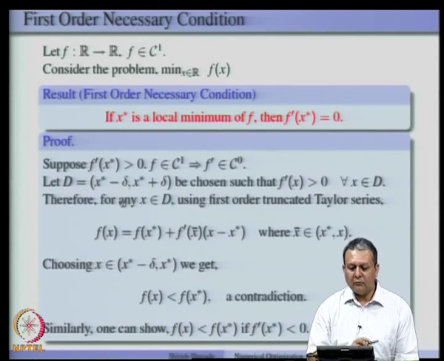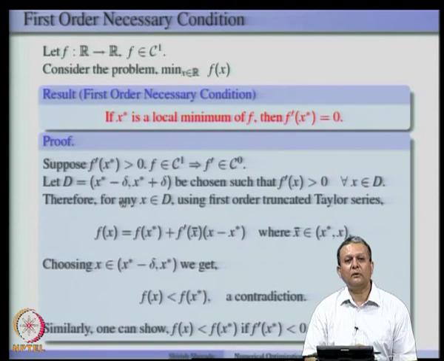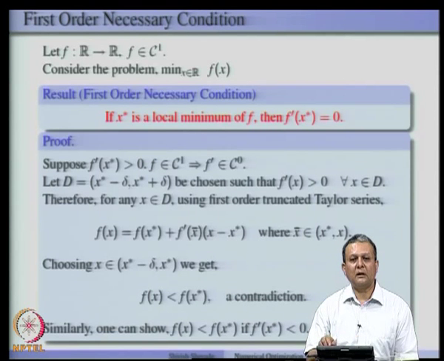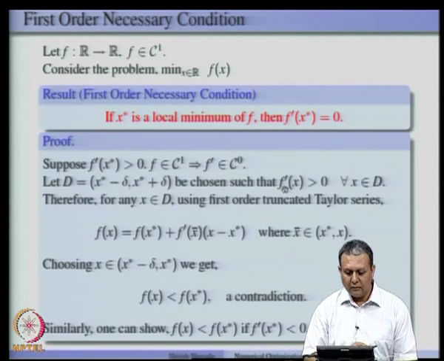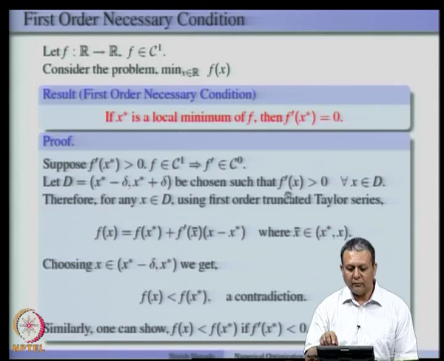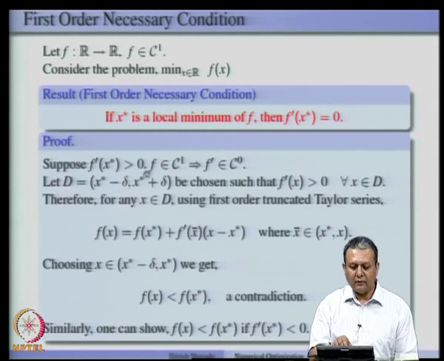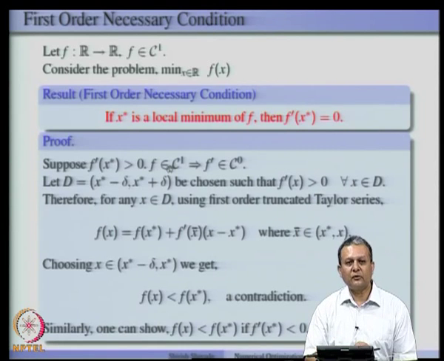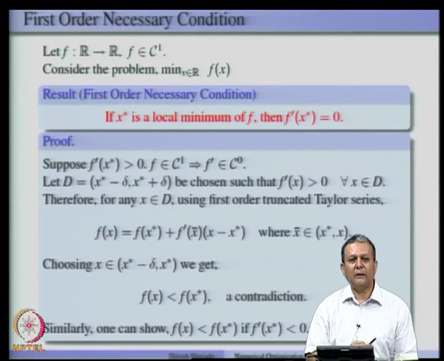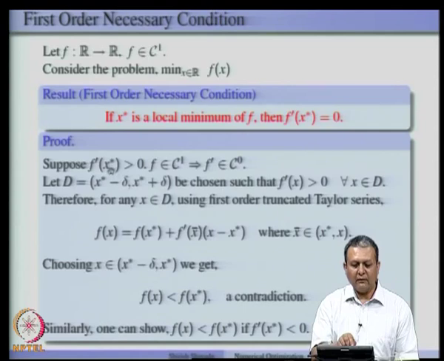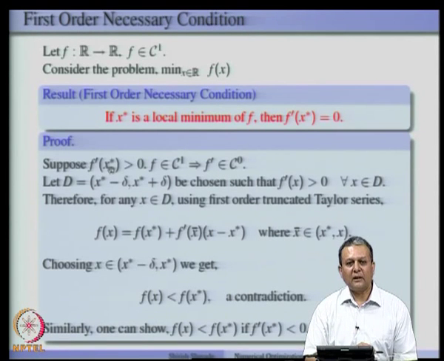Let this interval be chosen such that the derivative of the function at any point in this interval is greater than 0. It is possible to get such an interval because we are assuming that f belongs to C1. So, at least in the neighborhood, f dash is continuous, and we are assuming that f dash x star is greater than 0. So, at least in the neighborhood, f dash x is greater than 0.